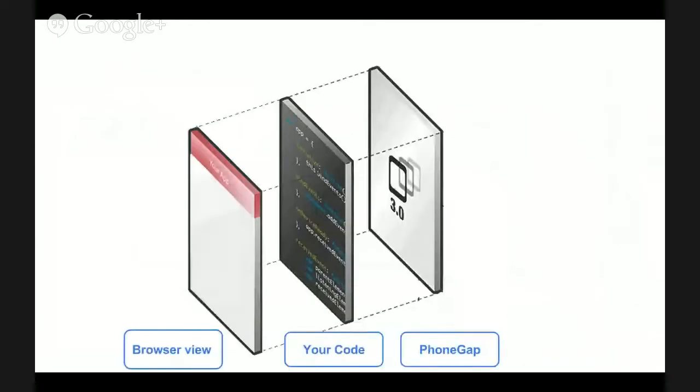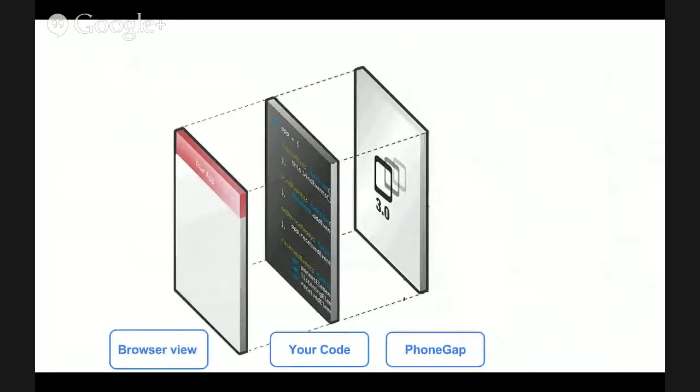So I will explain the PhoneGap hybrid mechanism. A PhoneGap application contains a web browser view. Your HTML, CSS, and JavaScript files run on this browser. PhoneGap controls this browser and communicates with your JavaScript. For example, when your application is launched, the PhoneGap library notifies your code of the device ready event.